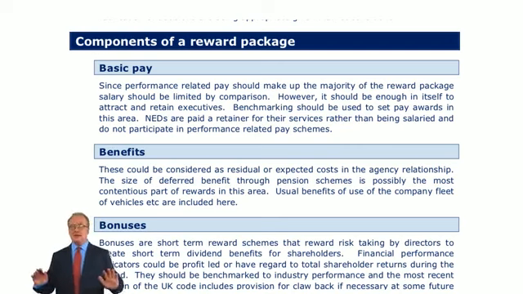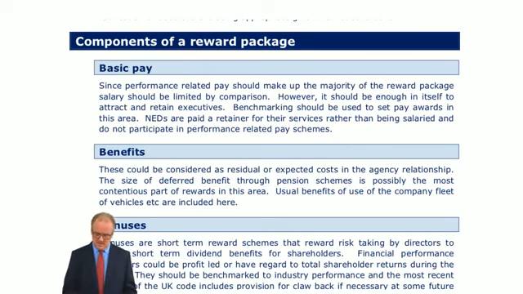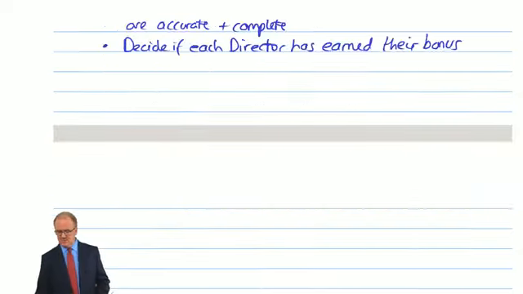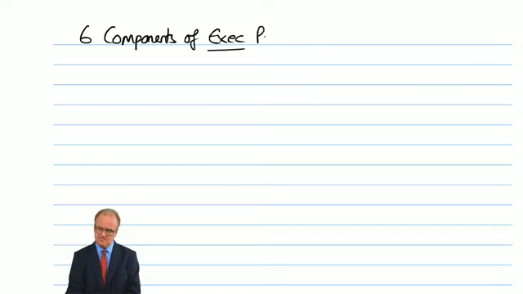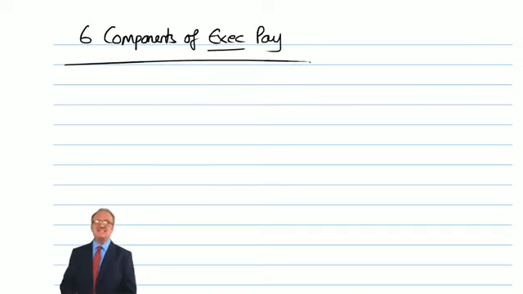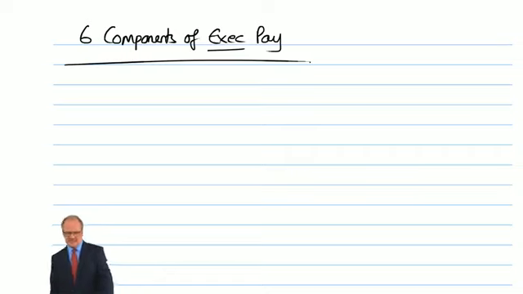The notes do cover everything, but I'm going to break it up into 6 points. And we'll do it on here. Just a reminder, this is executive pay, not non-executive.